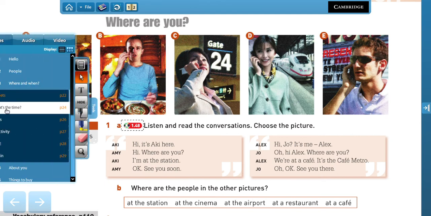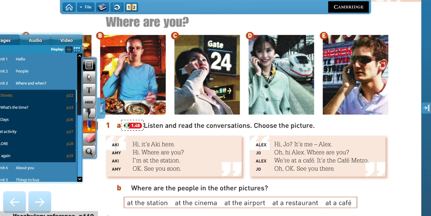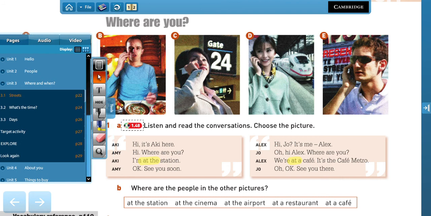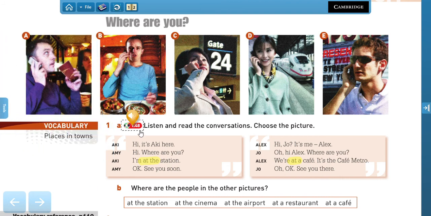Now, pay attention to a detail. This is a very simple detail, but it's very important, okay? Here she says, I'm at the station, and here he says, I'm at a cafe. Yes? Now, what's the difference, or what are the different uses? The use of the article the is very specific.